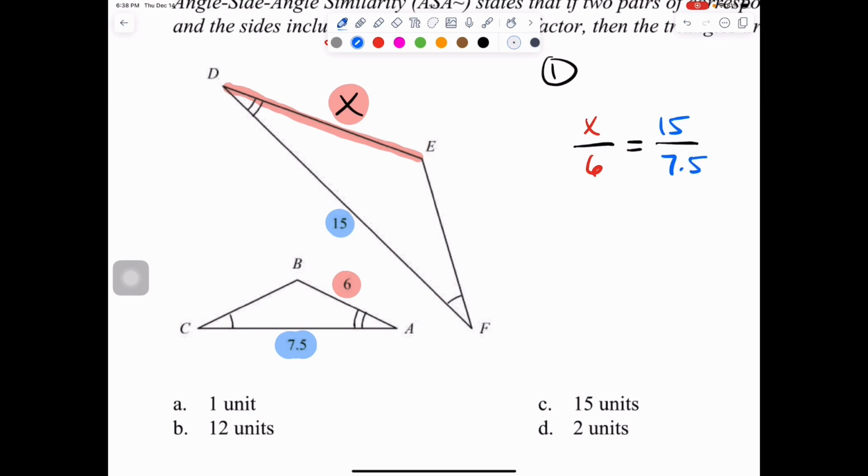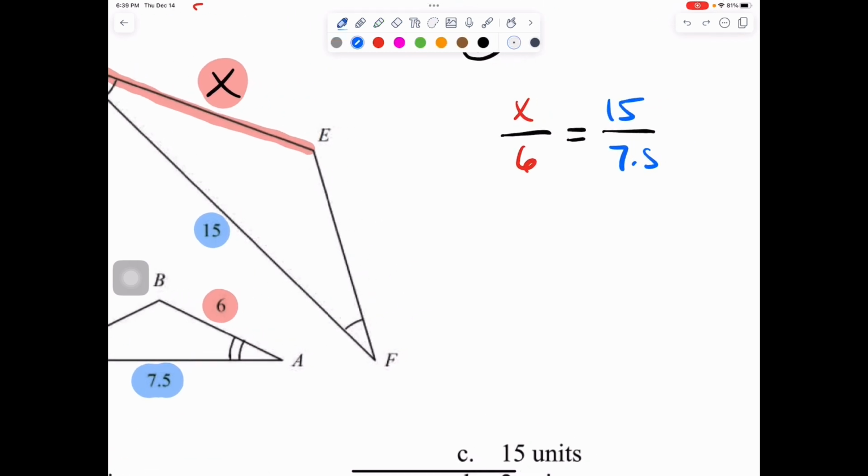From here, we will simply cross multiply. I always like to start with the variables. I want to do X times 7.5. Well, 1X times 7.5 simply becomes 7.5X.